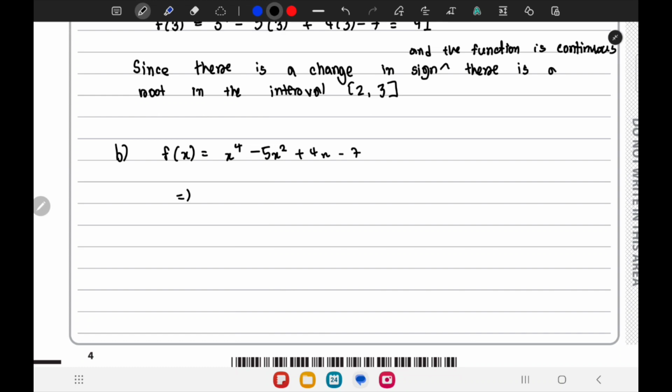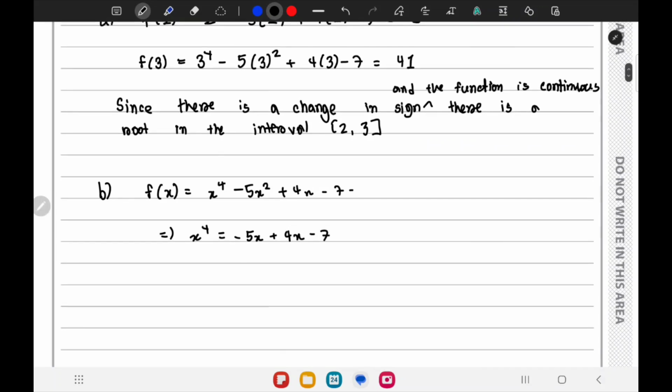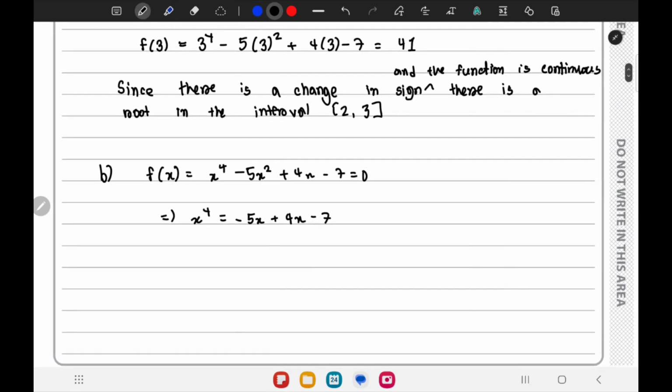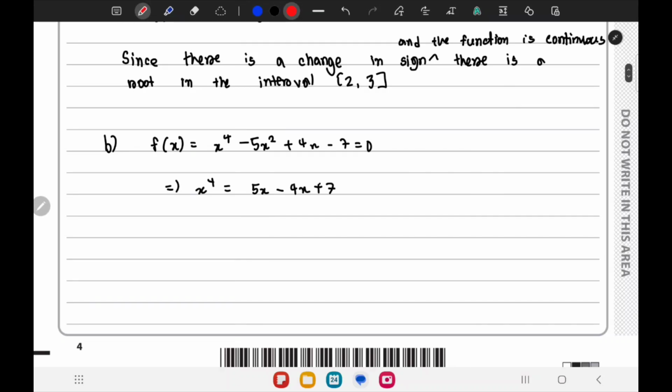So x to the power 4 equals 5x squared minus 4x minus 7. We basically moved this to the right.